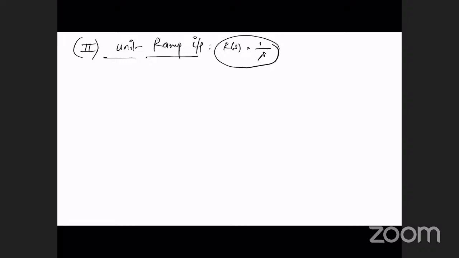We already had a formula: ESS is equal to limit s tends to 0 of s into R of s, whole divided by 1 plus g of s h of s. Let me substitute.